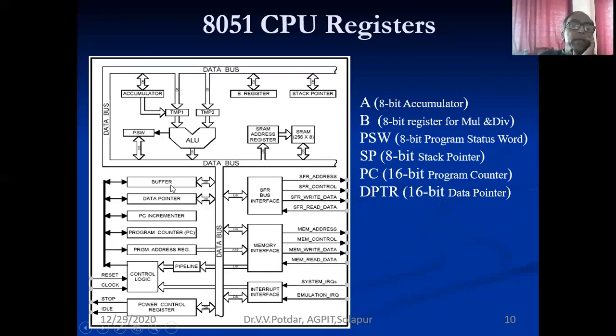So you have a data bus, then you have accumulator, temporary register 1, temp 2, then arithmetic and logic unit, and then you have B register, then you have stack pointer, you have SRAM, then you have various registers, program counter, program incrementer, data pointer, then various buffers, then memory interface and interrupt interface. So all these are available in your CPU registers.